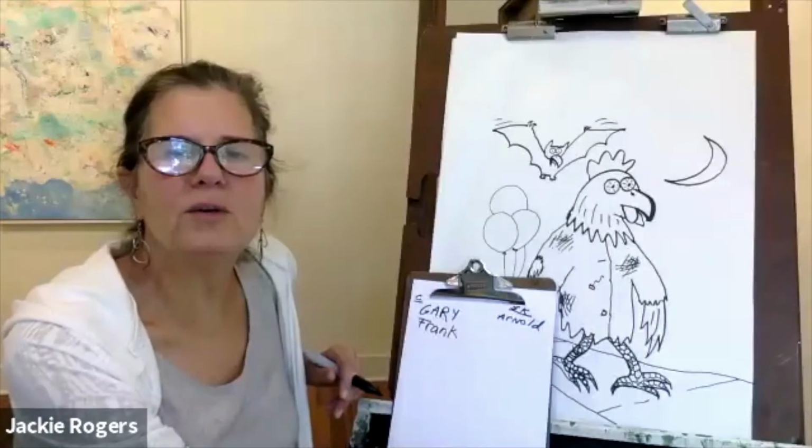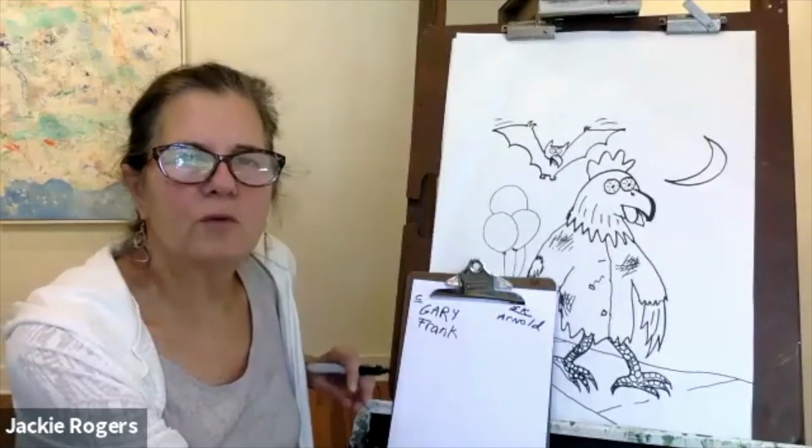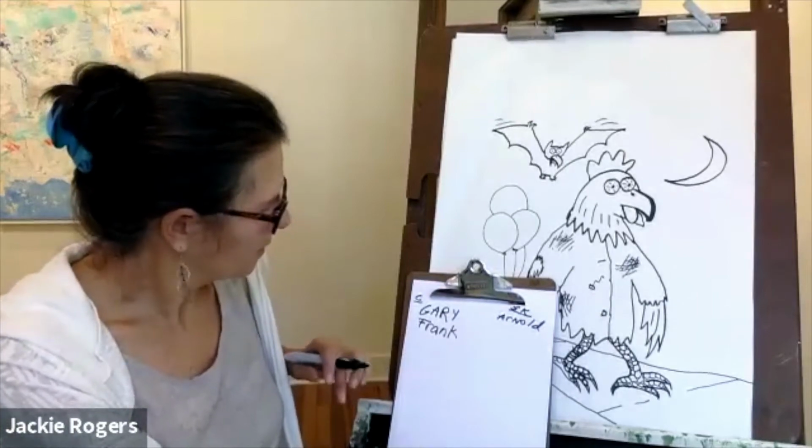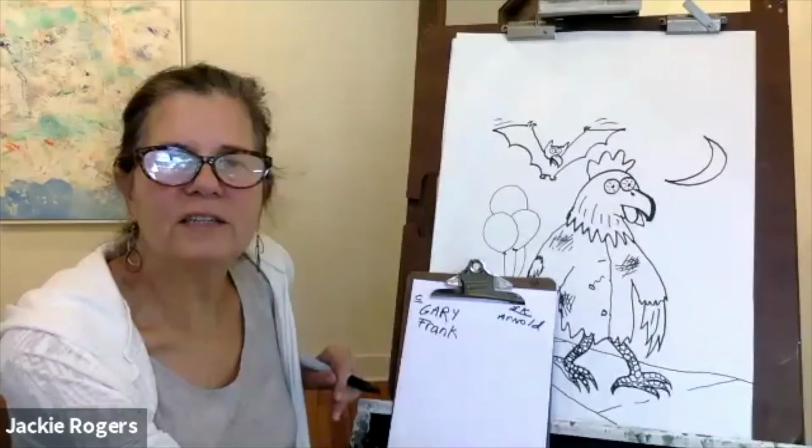Bree, what about you? You got any ideas for the name of the chicken or the name of the bat? We could name the chicken. You want me to come back to you?